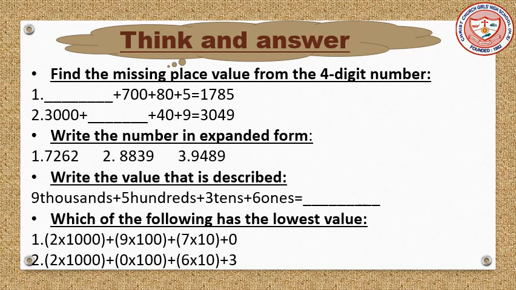Which of the following has the lowest value? Number 1, 2 into 1000 plus 9 into 100 plus 7 into 10 plus 0.